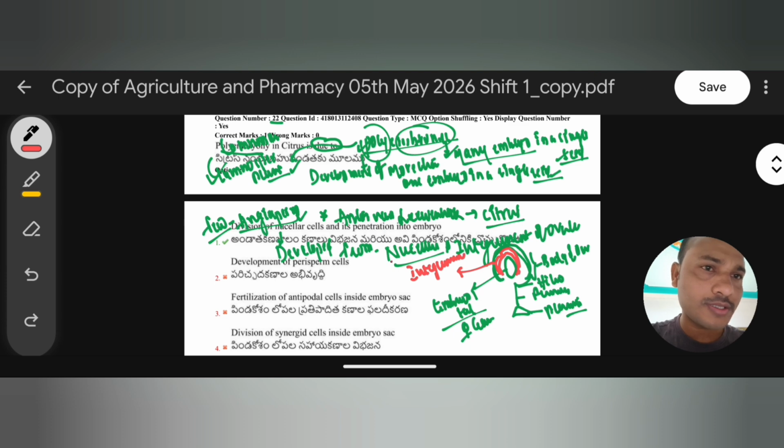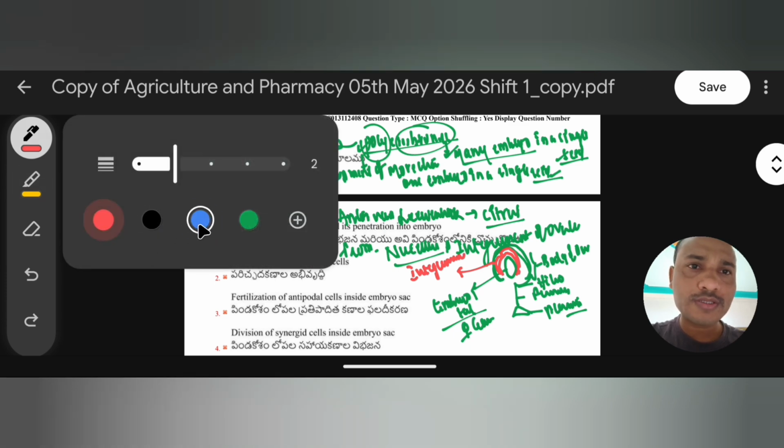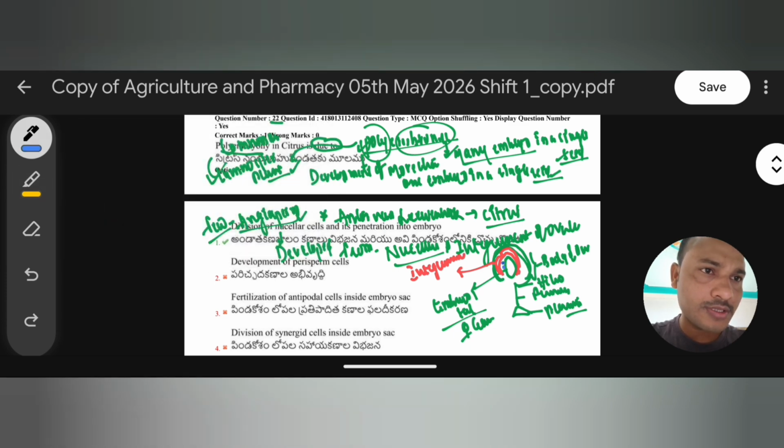Various tissues present inside the integuments around the embryo sac are called nucellus cells. So the development of polyembryony occurs either from nucellus or from integuments.